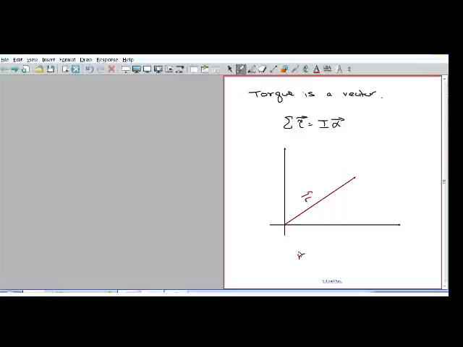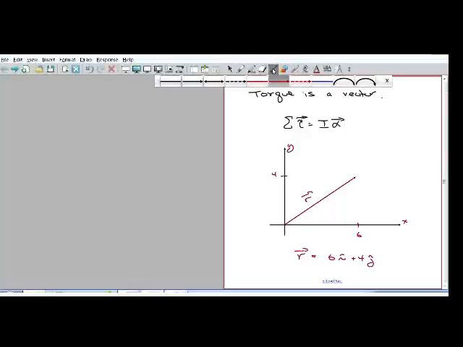I'm just doing this in 2 dimensions, so let's say that's 6 units and that's 4 units. So the radius vector is going to be 6 i hat plus 4 j hat.